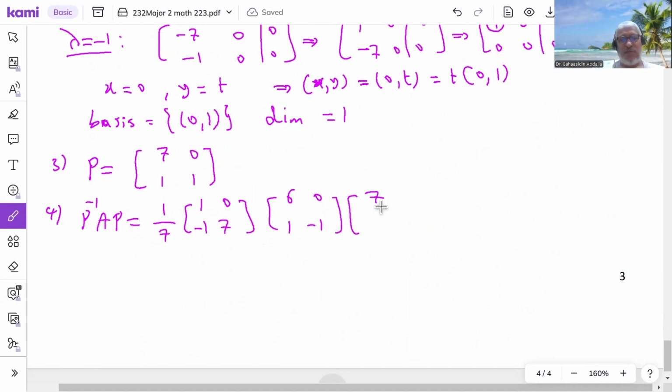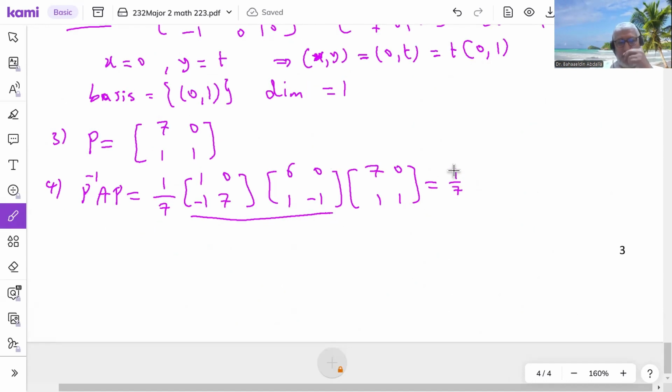Times P, which is 7, 1, 0, 1. I need to multiply these matrices. So 1 times 6 plus 0, 1 times 0 plus 0, negative 6 plus 7, 0 minus 7.